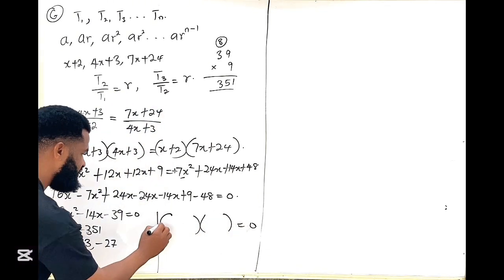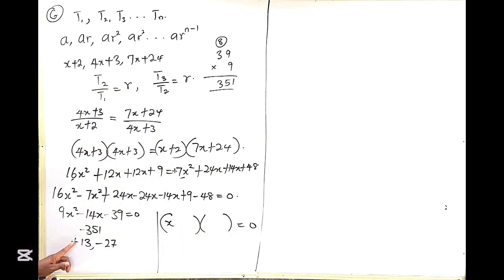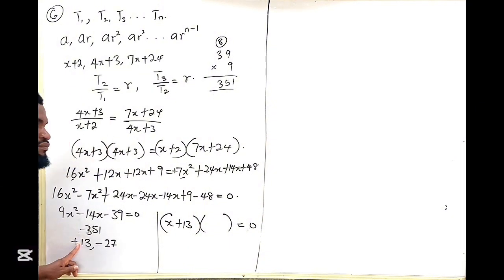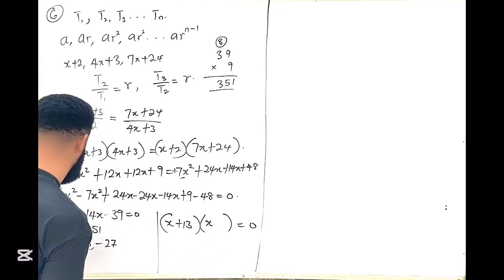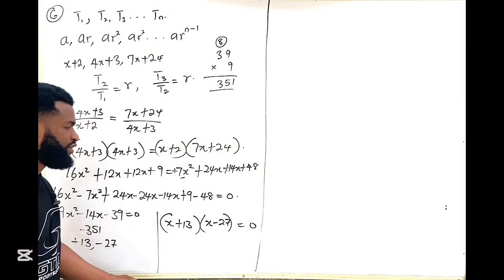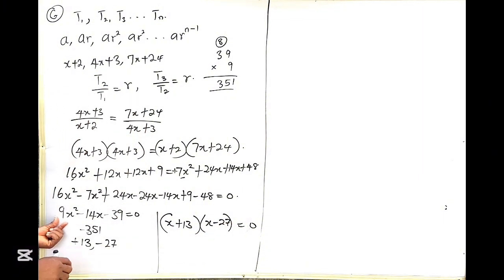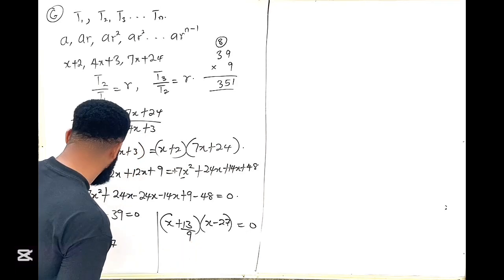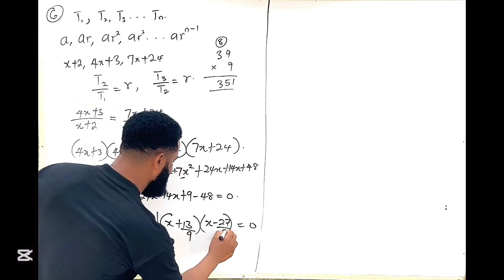I will have x plus 13, all right? Then x minus 27. But then remember, because 9 is the coefficient of x squared, I'm going to divide this by 9, and I'm also going to divide this by 9.